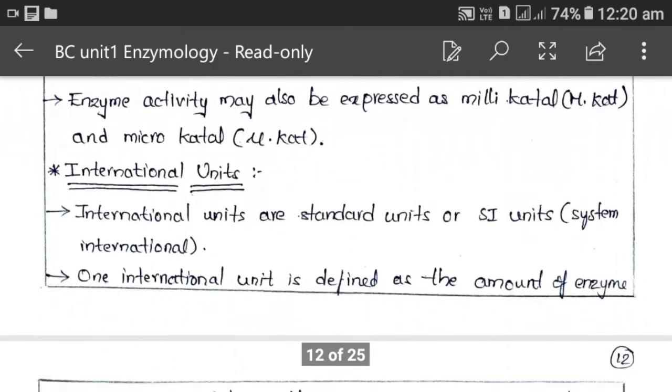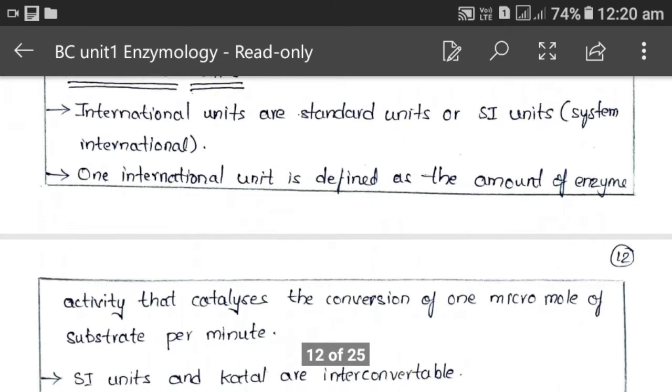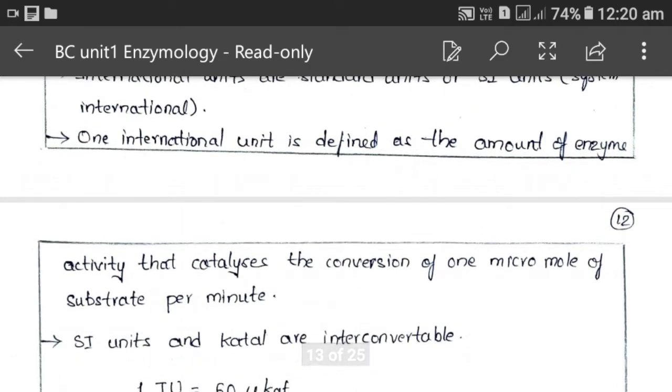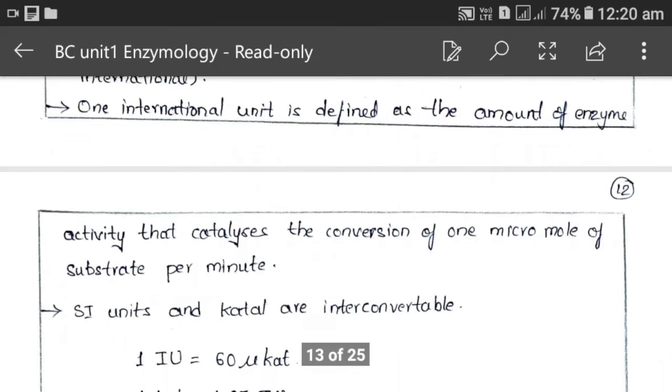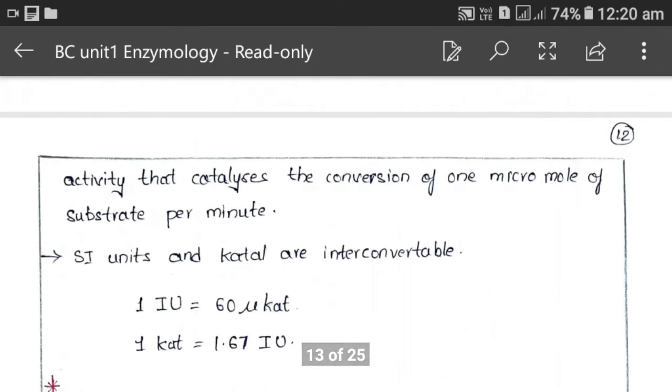Coming to international units, or standard units, or SI units, we can call it anything. One international unit is defined as the amount of enzyme activity that catalyzes the conversion of 1 micromole of substrate per minute. Both the SI unit and katal are interconvertible.